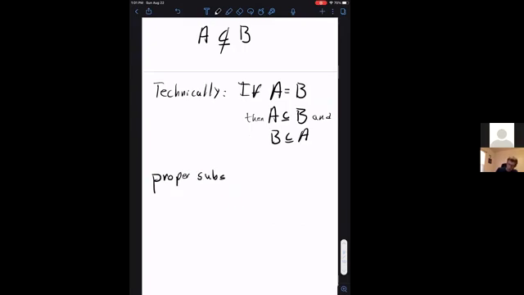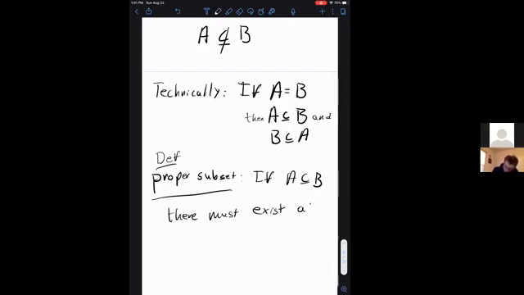And all that it says is, if A is a subset of B, there must exist at least one element in B that is not in A. That's kind of the whole caveat there, right?